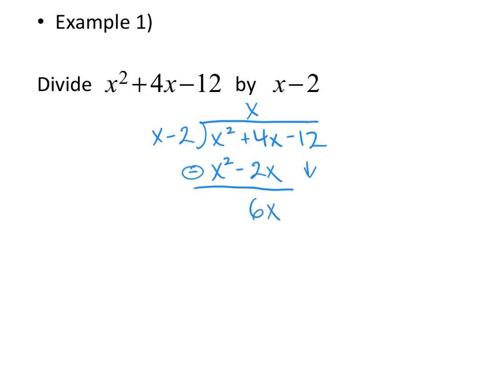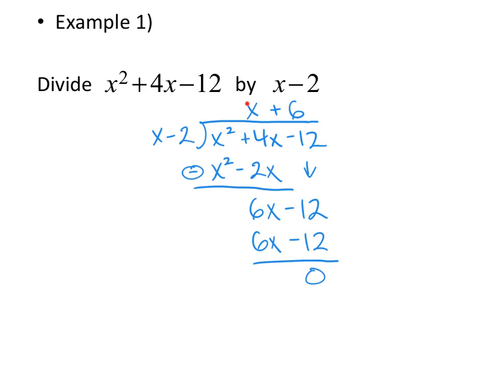As we did before, we will now bring down the next term, which is minus 12. And again, we ask ourselves, x times what would give me 6x? Well, plus 6. And so 6 times x is 6x, and 6 times negative 2 is negative 12. And you'll see we do not have a remainder. The remainder is 0.